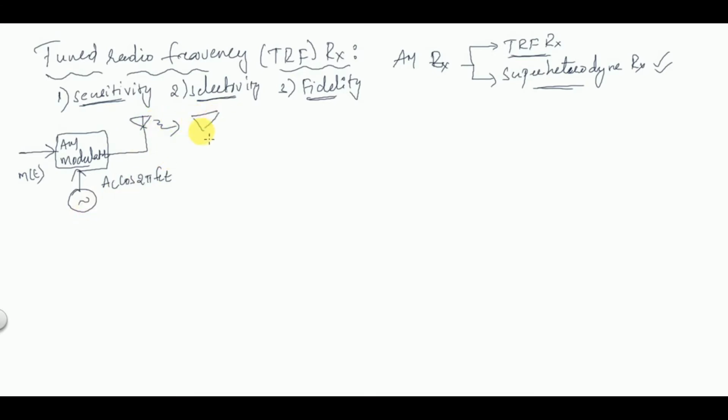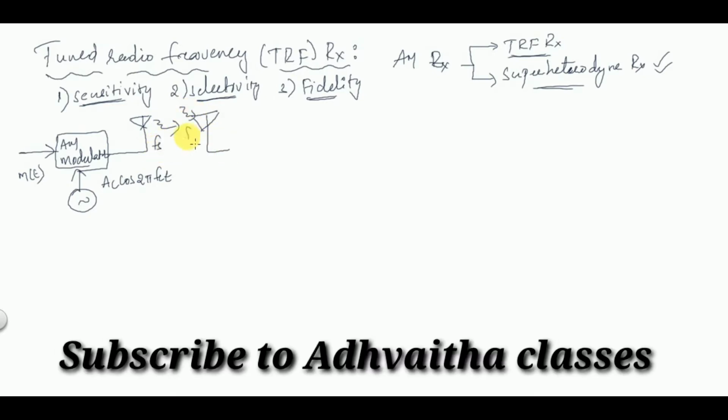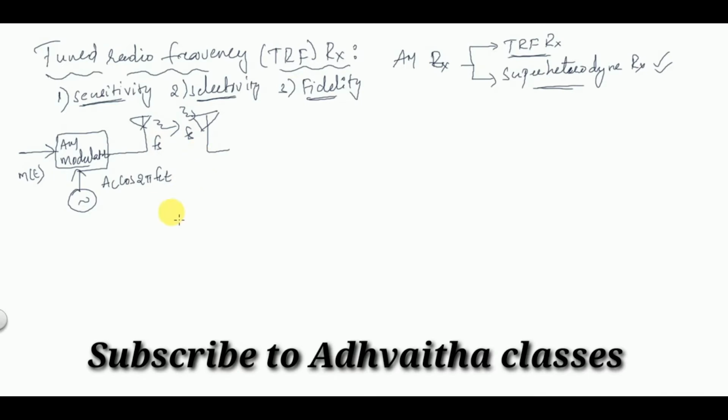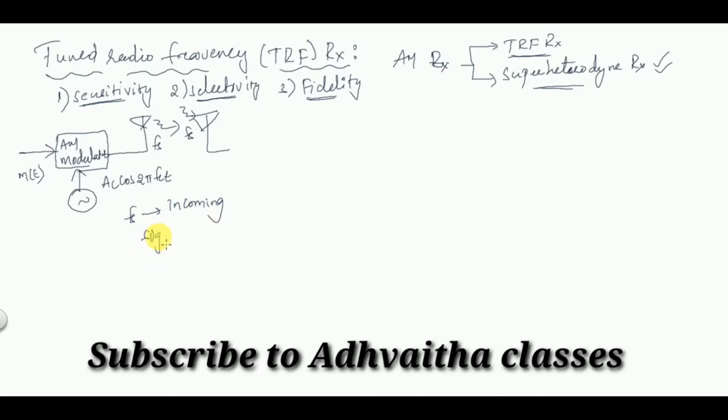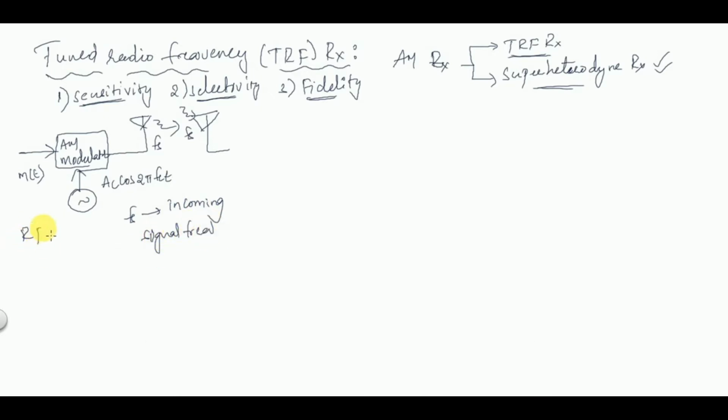The receiving antenna receives that signal. This is Fs, which is the incoming signal frequency, a high frequency signal, so it is a radio frequency range signal.